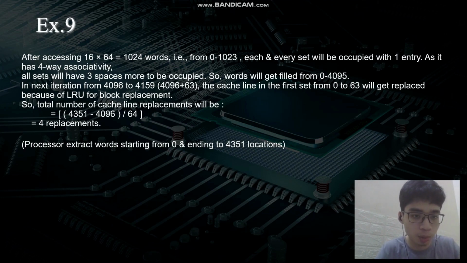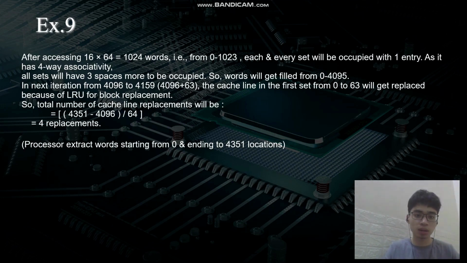So the total number of cache line replacements will be 4351 minus 4096 divided by 64, equal to 4 replacements.